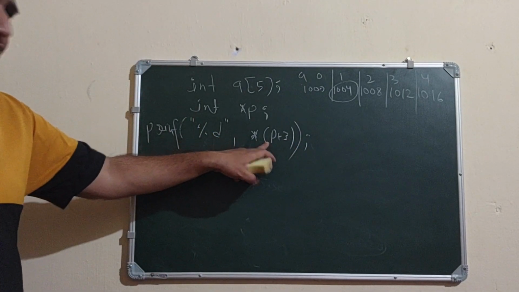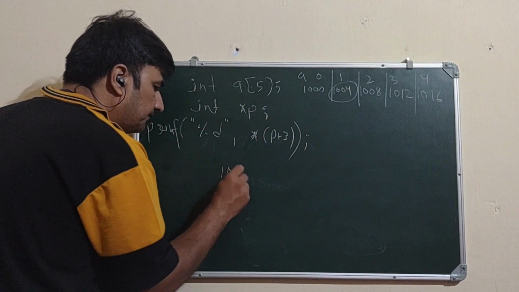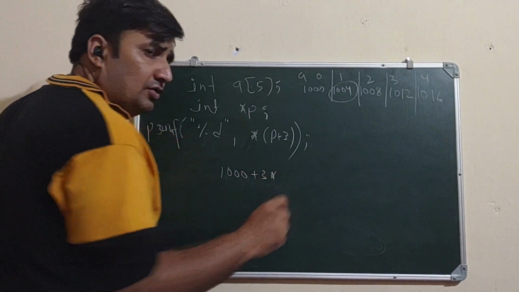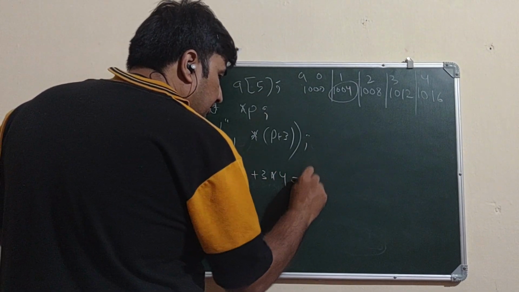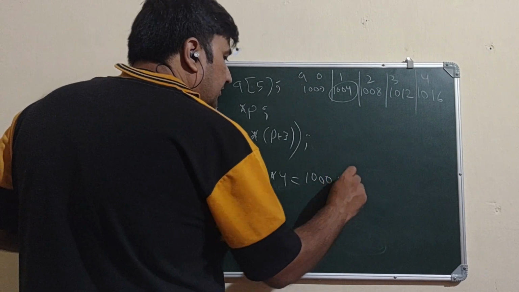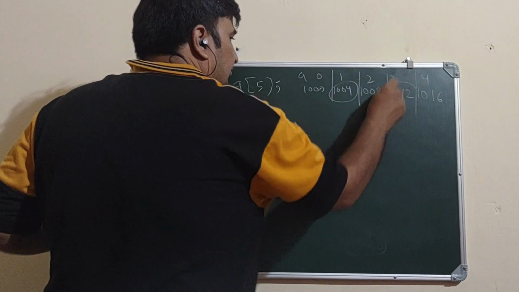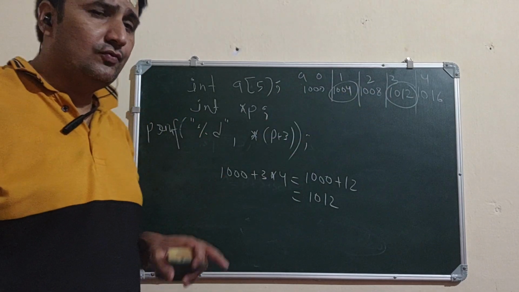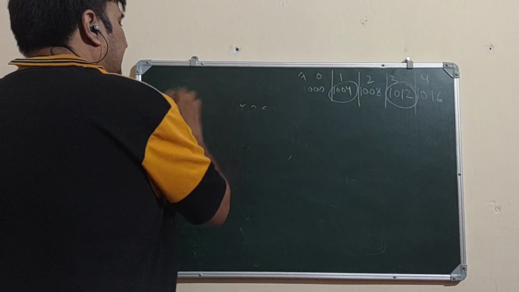Now how this p plus 3 will be converted is, the value of p is 1000 plus 3 into size of the integer, which is 4. That will be equals to 1000 plus 12 equal to 1012. What is the address of the third element in the array? 1012. Similarly, we can access any element in the array using the pointer.